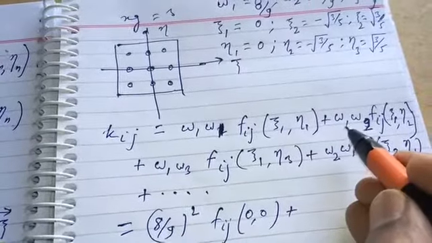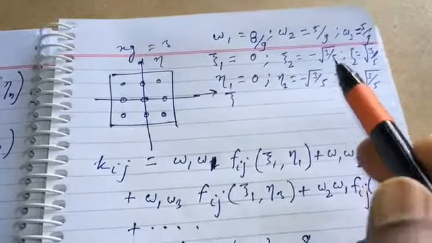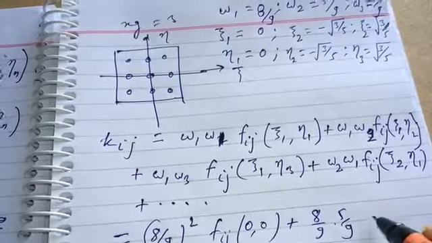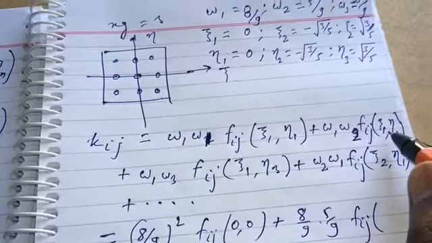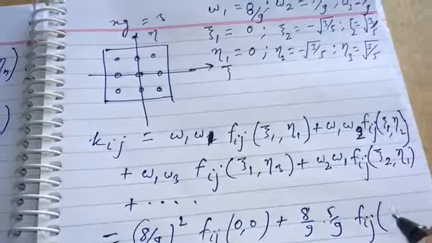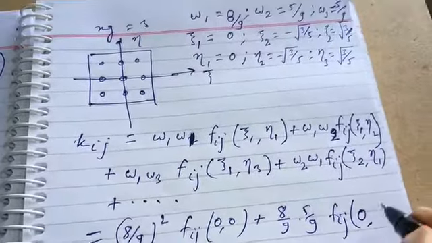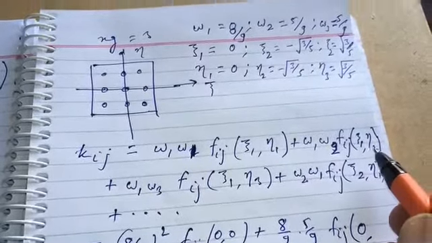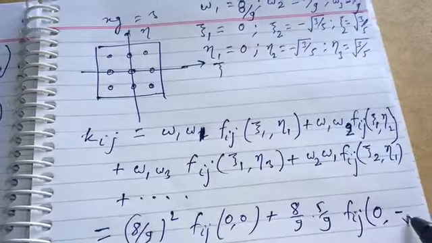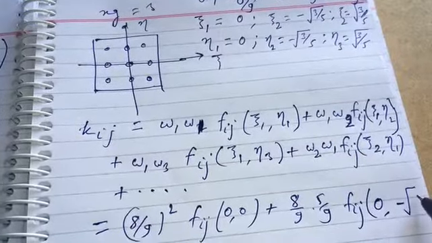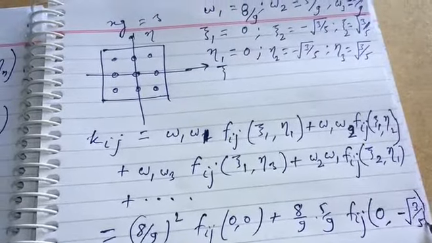Then W1 is 8 over 9 and W2 is 5 over 9, so 5 over 9 Fij, and then xi1 is 0, so xi1 is 0, and eta 2 is minus root 3 over 5, so like this one.